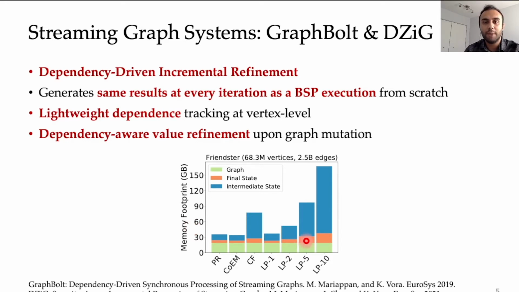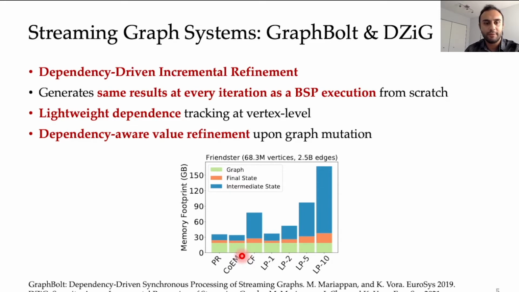So we have memory consumed by the graph data structure alone, which is shown in green here, and then the memory for the final state, that is the result values of the graph application, which is shown in orange. Everything in addition to that, which is the blue color over here, is the memory consumed by the intermediate state.